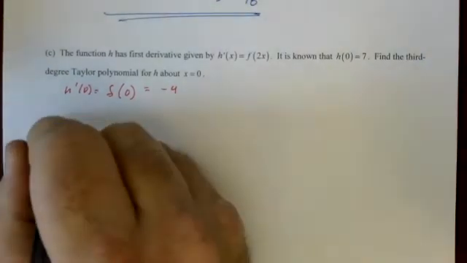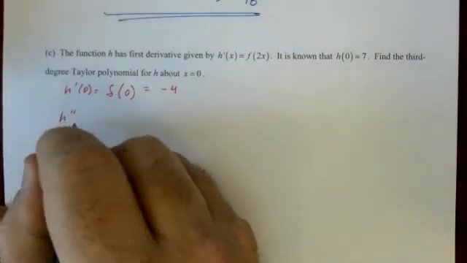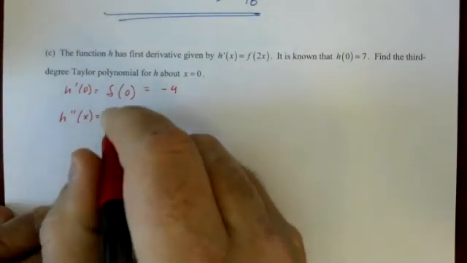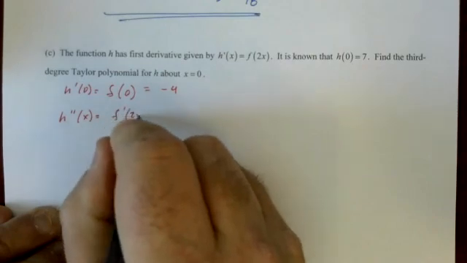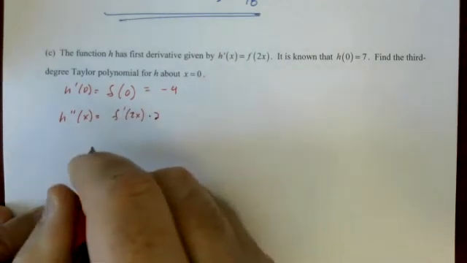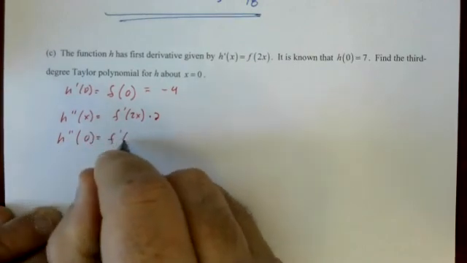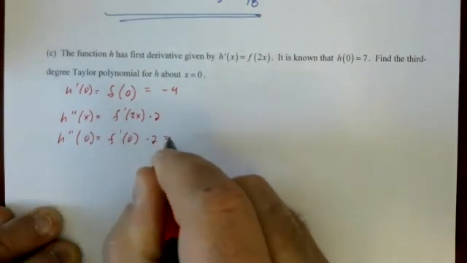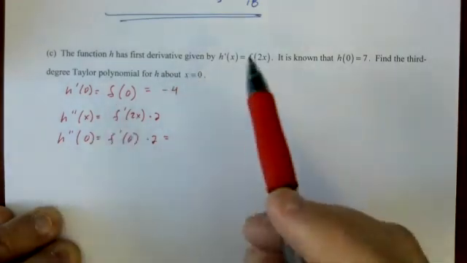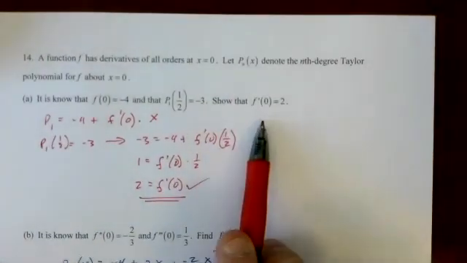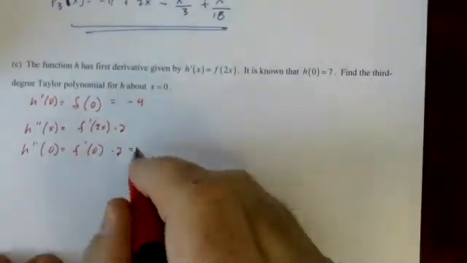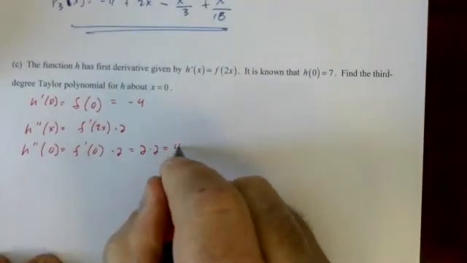And so the second derivative, h double prime of x equals f prime of 2x times 2. h double prime of 0 equals f prime of 0 times 2, which is 2 times 2, which is 4.